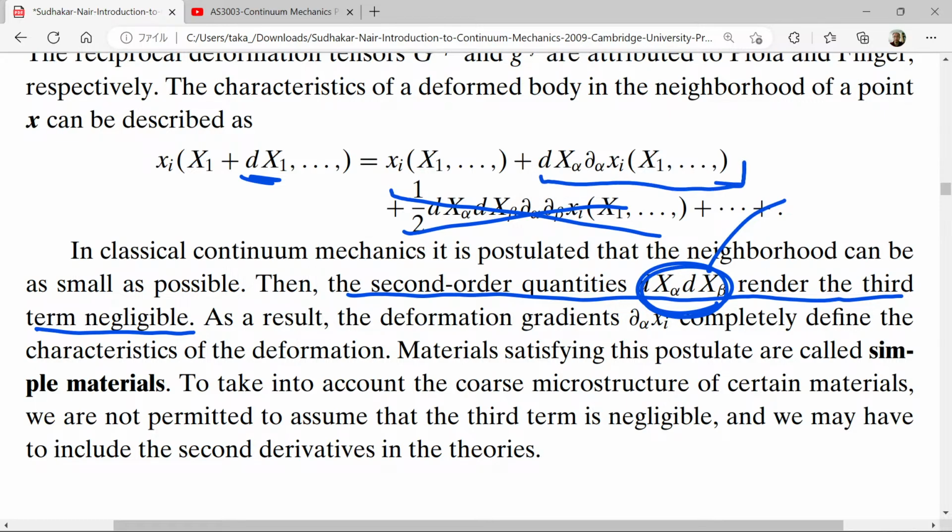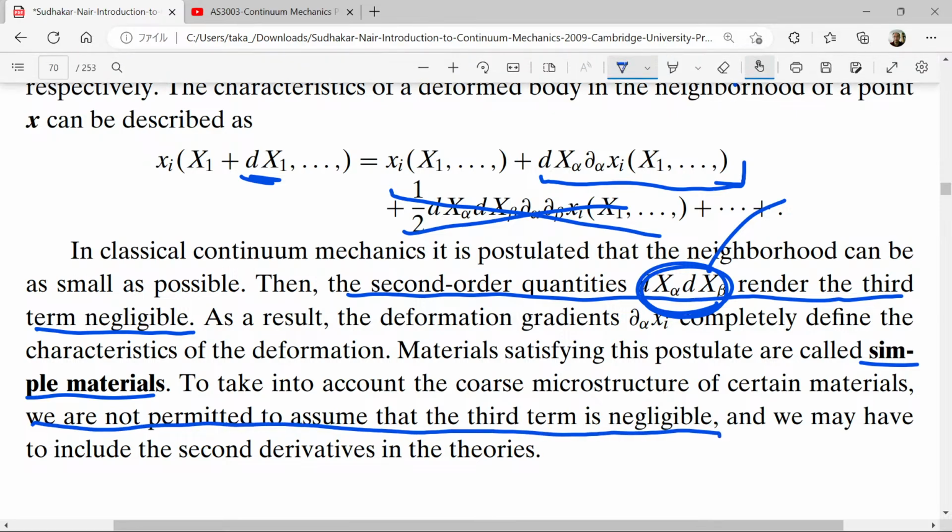Okay. And then it's called a simple material. But in some cases, we are not permitted to assume that the third term is negligible.